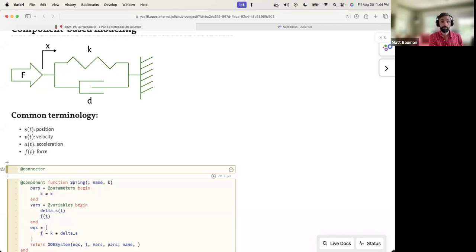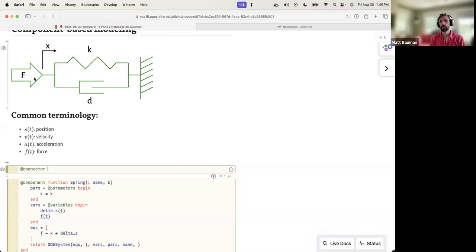variables from a given component to pass along to another component, which is exactly what we want, right? We want to be able to connect our endpoints of our spring to the endpoints of our damper, and connect those things to our road, and apply a force or a mass to the end of these things, and get ourselves propagating systems across these things.